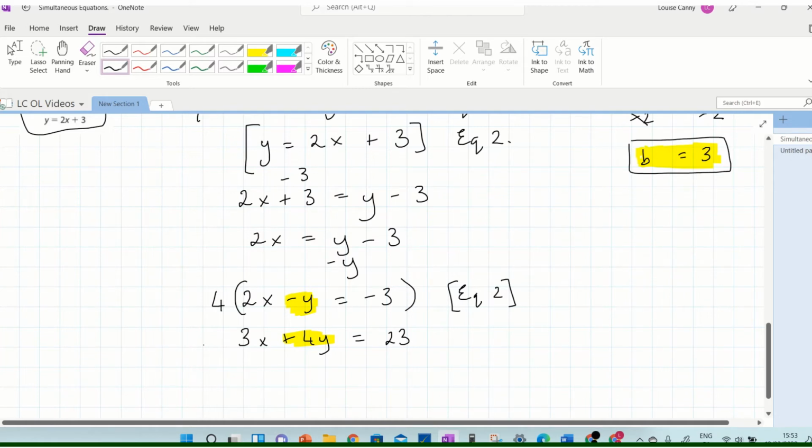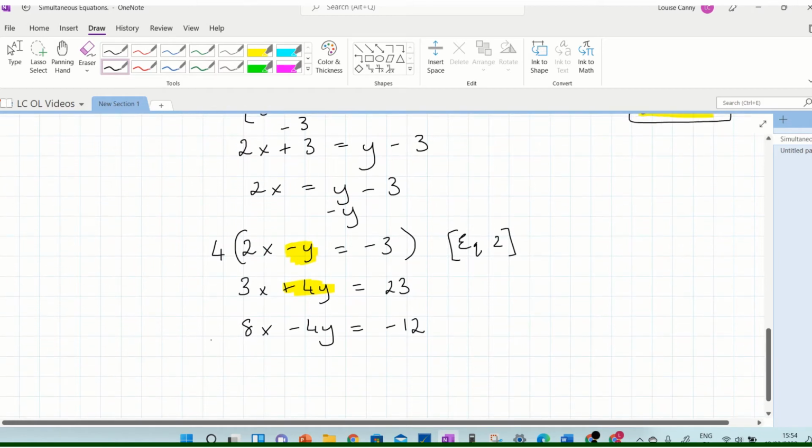So 2x multiplied by 4 is 8x. Minus y multiplied by 4 is minus 4y. And then 4 multiplied by minus 3 is minus 12. Now, when I add these together, I'm going to get 3x plus 8x is equal to 11x.